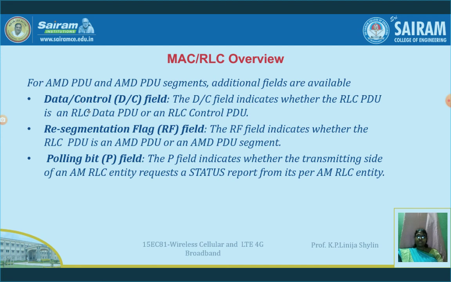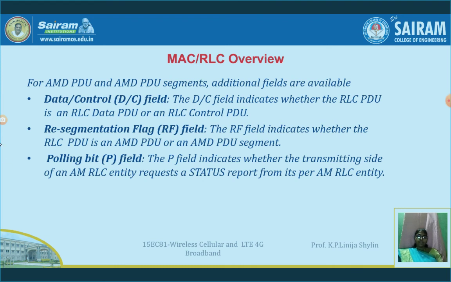Now if you come to data control, this data control field indicates whether the data is in an RLC data field or in an RLC control PDU. Then there is the RF field, the resegmentation flag. It says whether the RLC PDU is an acknowledgement mode PDU or an acknowledgement mode PDU segment.